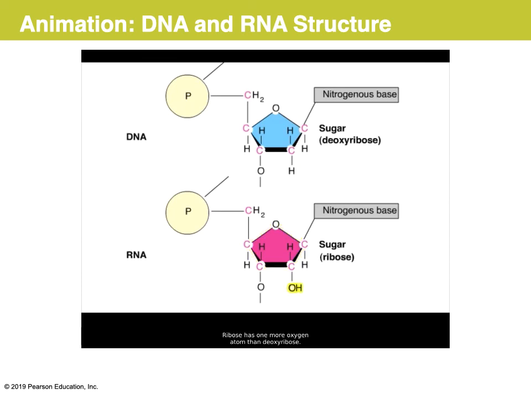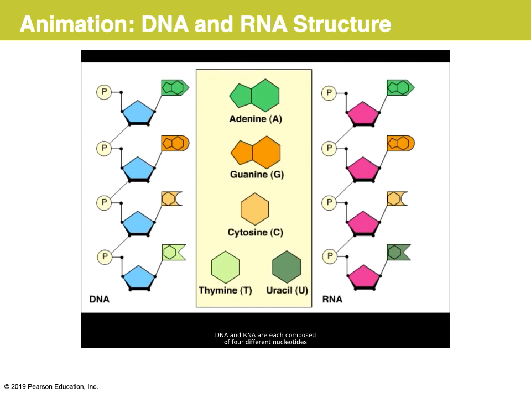Ribose has one more oxygen atom than deoxyribose. DNA and RNA are each composed of 4 different nucleotides, which differ in their nitrogenous bases. 3 of the 4 bases are the same in DNA and RNA: adenine, guanine, and cytosine. The 4th base in DNA is thymine. In RNA, it is uracil.